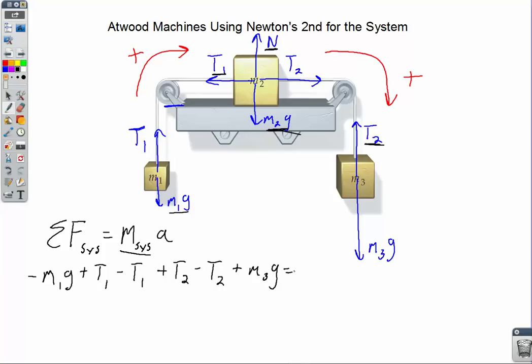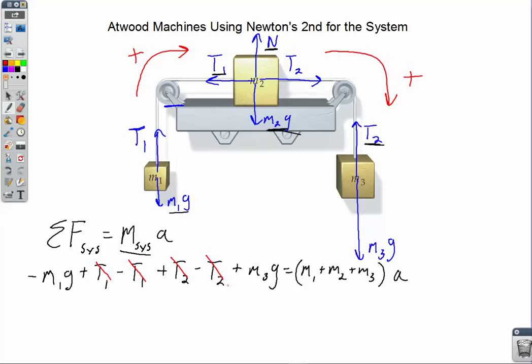So here, this is going to be equal to the mass of the whole system, M1 plus M2 plus M3, times the acceleration. Now, I wrote all of that out, but in actual practice, you can ignore these tensions. T1s cancel out, T2s cancel out, and so the only forces affecting the motion of the system are M3G and M1G.